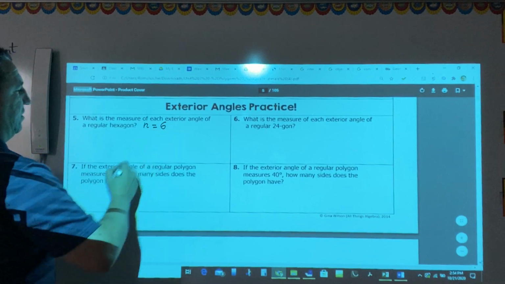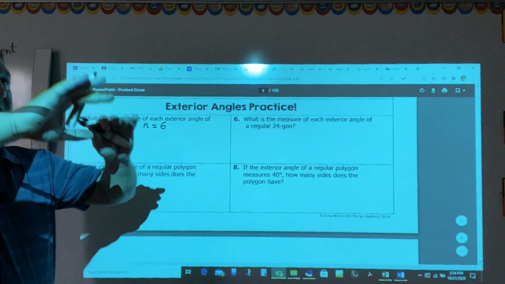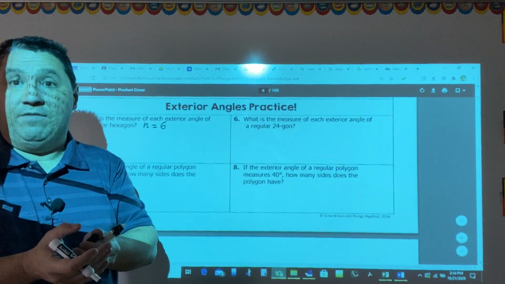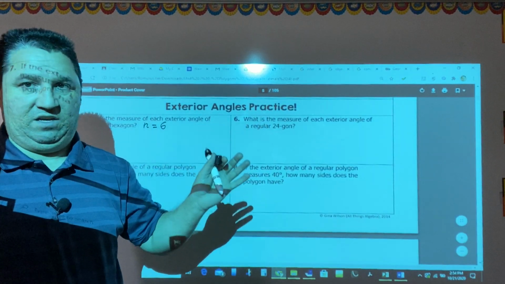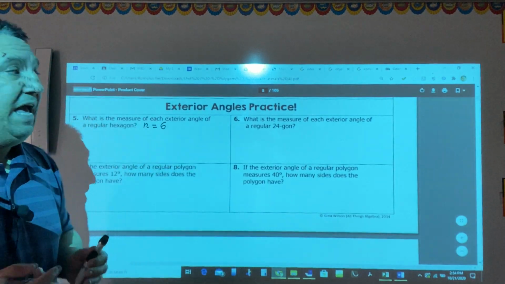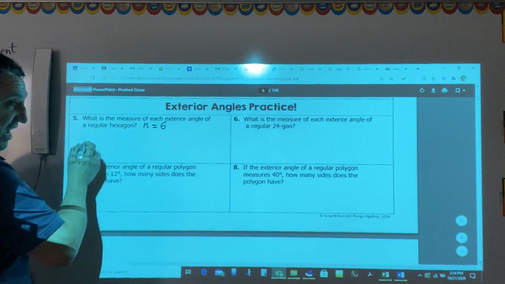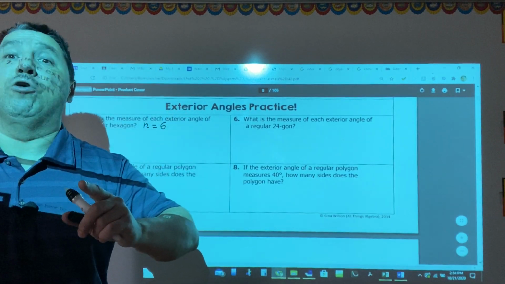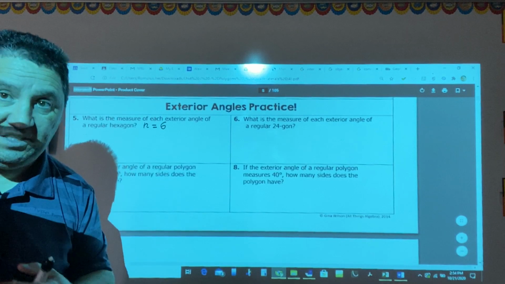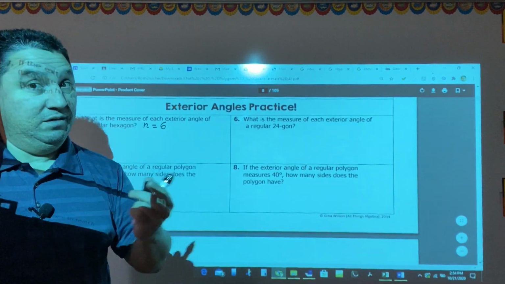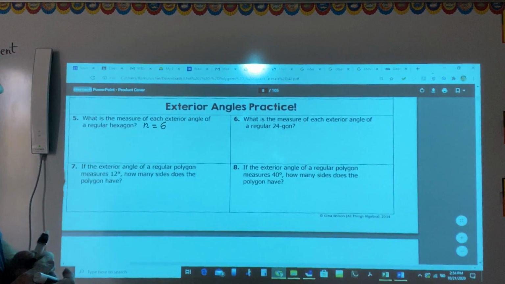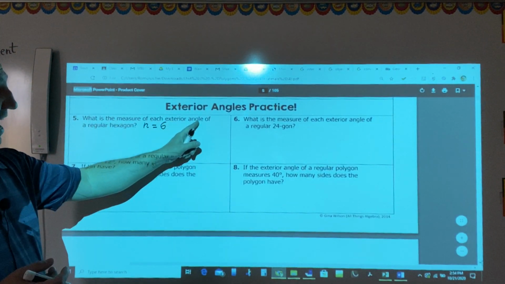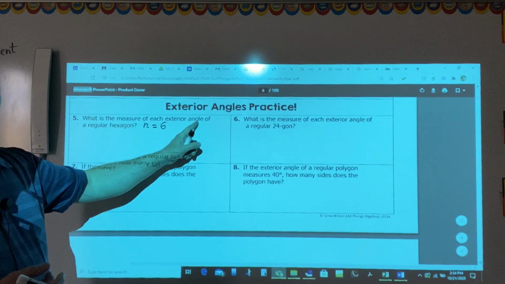Has 6 sides, right? Now, we know the sum of exterior angles of a polygon, no matter how many sides, is 360. Because the hexagon is regular, all interior angles are congruent, and automatically all exterior angles are congruent, right?